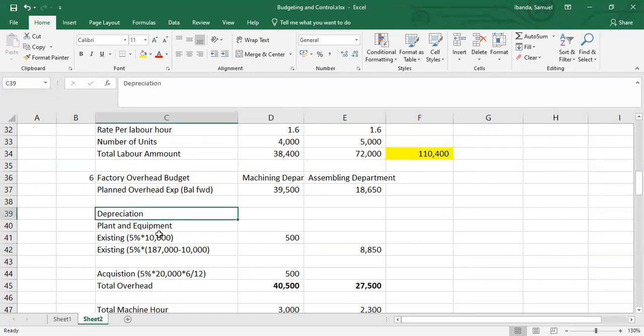Remember, we said depreciation existing, we got 500.